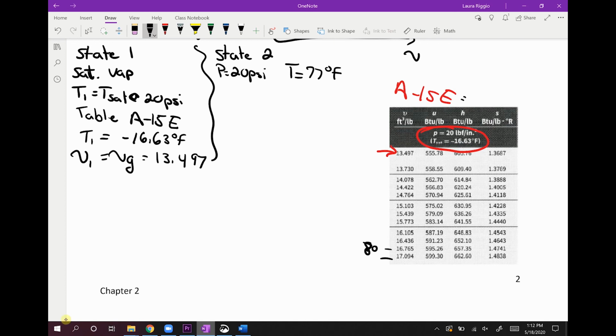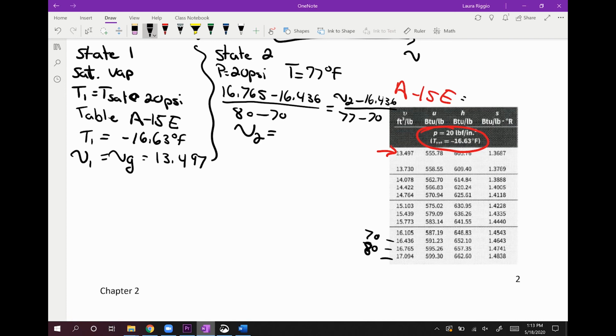Sorry, my snipping cut off the temperatures. So that's going to be 16.765 minus 16.436, divided by 80 minus 70, which is going to be v2 minus 16.436 over 77 minus 70. My specific volume at state 2 is 16.7 feet cubed per pound.